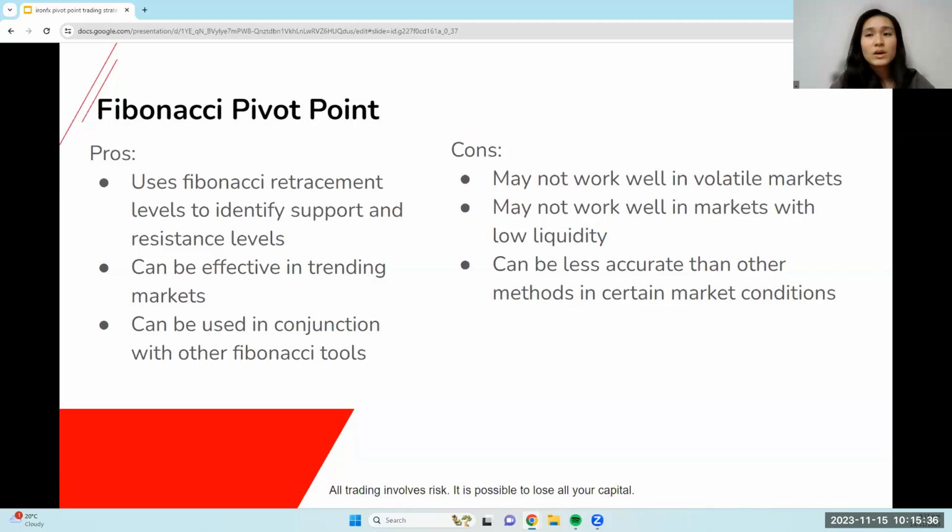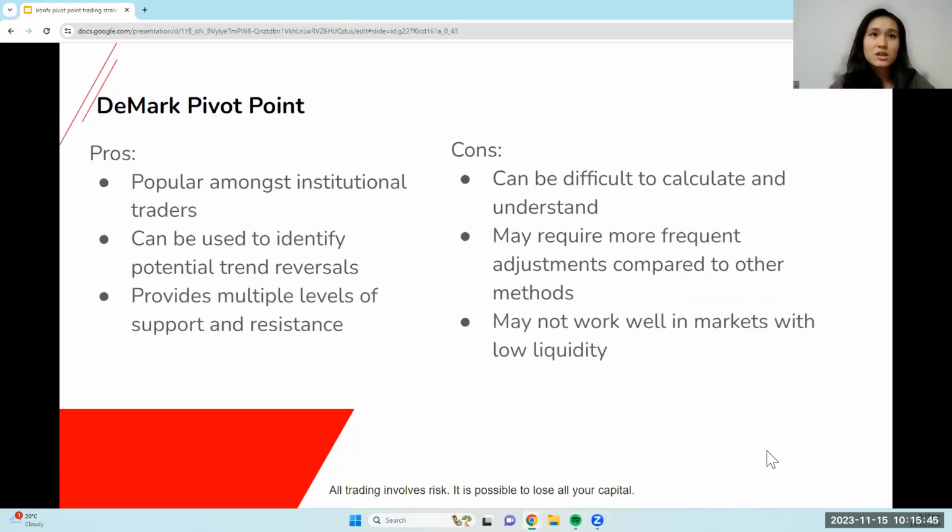Cons is that it may not work well in volatile markets or markets with low liquidity, and can be less accurate than other methods in certain market conditions. So it's all really based off of the current market conditions that you're looking at, as well as your own personal trading strategies.